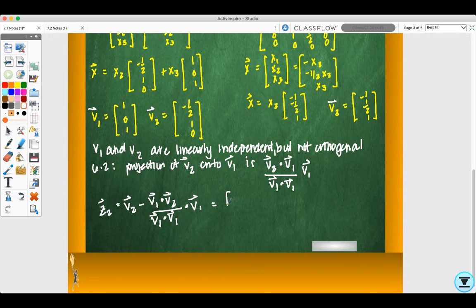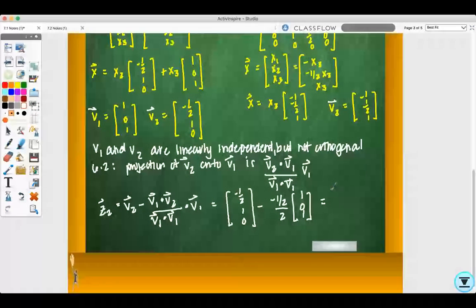So that will equal V2, which is (-1/2, 1, 0), minus V1 dot V2, which is -1/2, over V1 dot V1, which is 2, times V1. And -1/2 over 2 is -1/4. So when I subtract these, I get (-1/4, 1, 1/4).